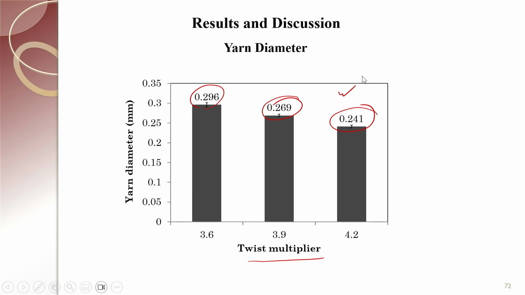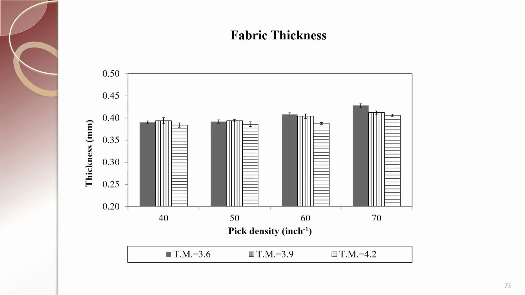With the increase in twist, yarn becomes compact and yarn diameter reduces, and accordingly the fabric thickness, typically the trend is that although the changes are not that significant, there is a little decreasing trend, but in a few cases the trend is not that visible.